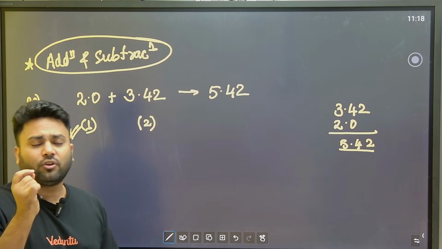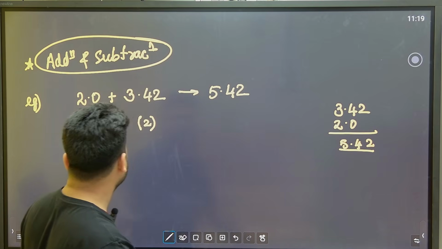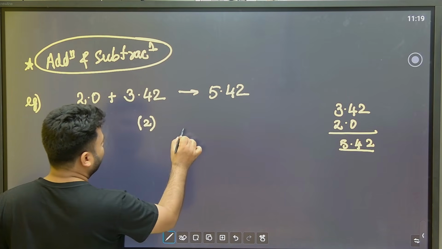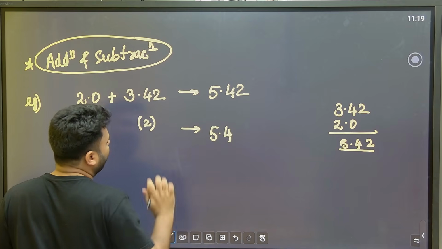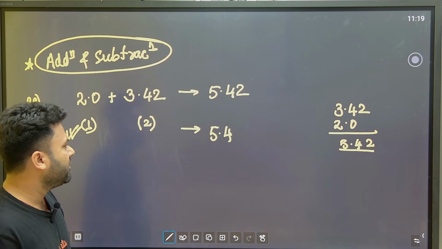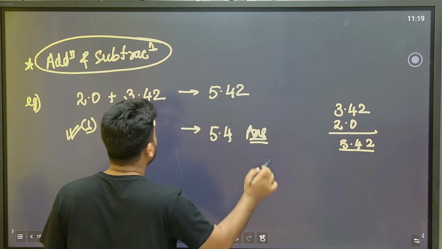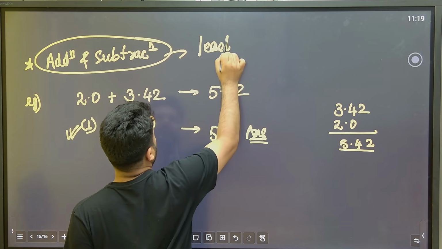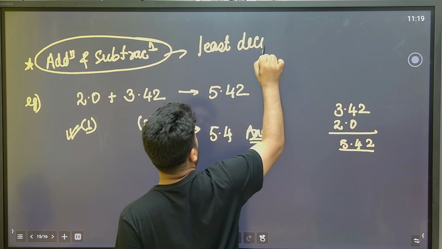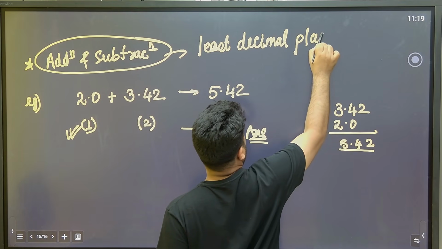So your answer should also contain the least decimal place, only one decimal place. So our final answer will be 5.4. After the decimal, I am only putting one number. So always remember, we see the least decimal place.